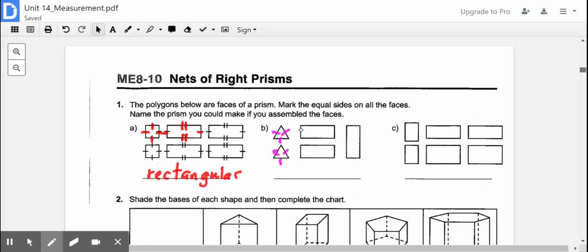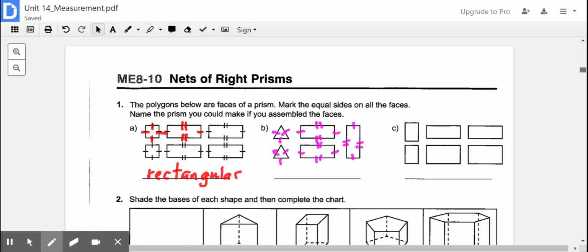Now those sides happen to be the same as these sides here. They are definitely not the same as the long sides. The long sides we'll mark with 2 little marks. There, that one's done for us.